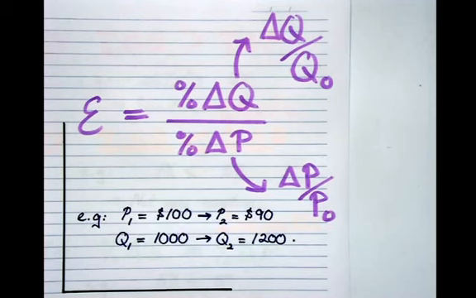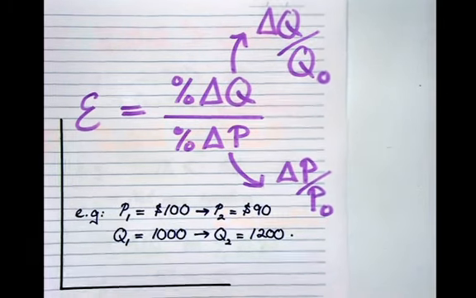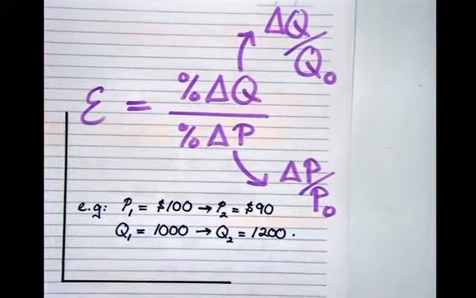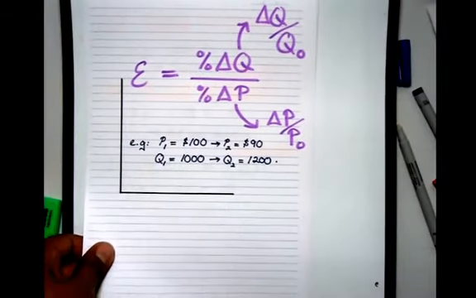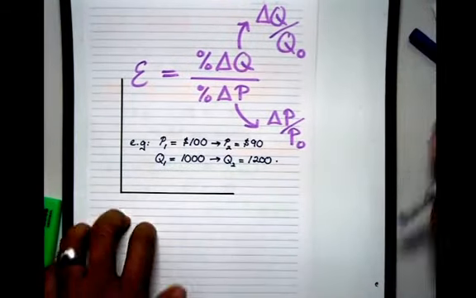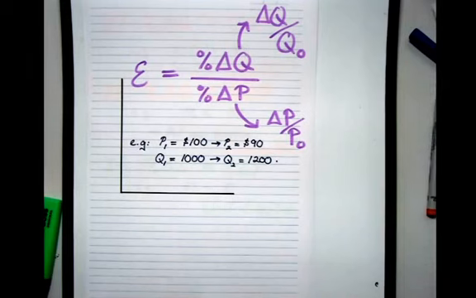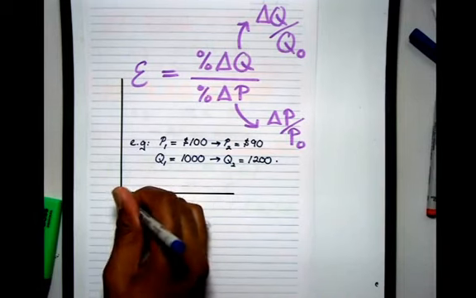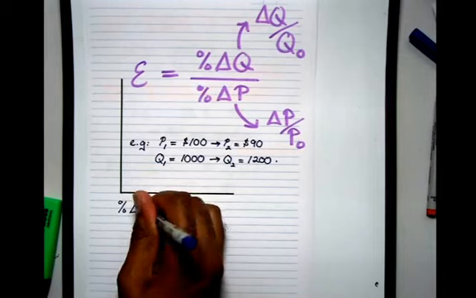So let's say your textbook used to cost $100. 1,000 textbooks were sold every semester. Now the textbook costs $90, and now 1,200 books are being sold every semester. What is the percentage change in price? What is the percentage change in quantity? Let's start with the percentage change in quantity.